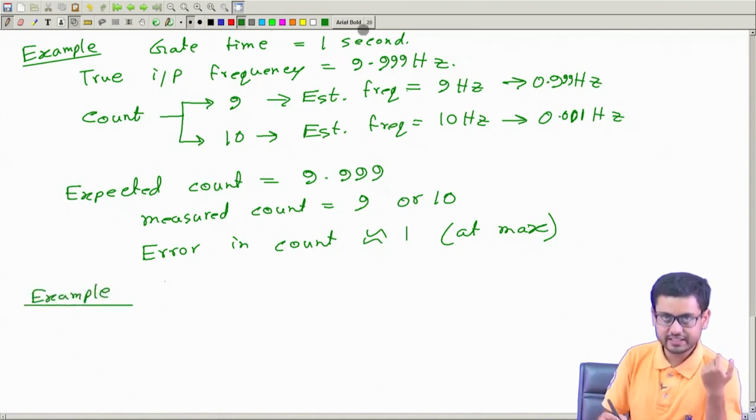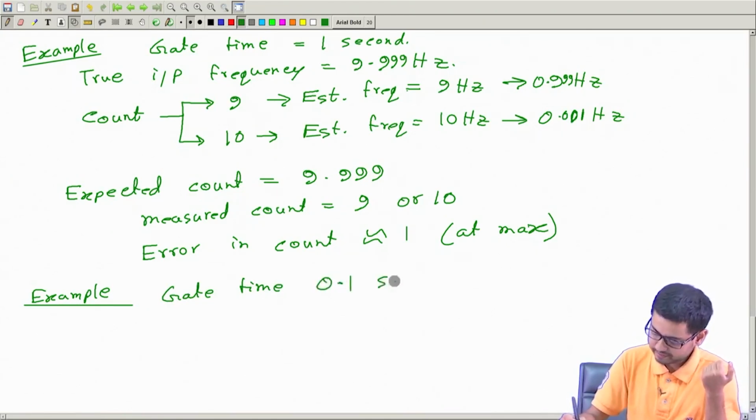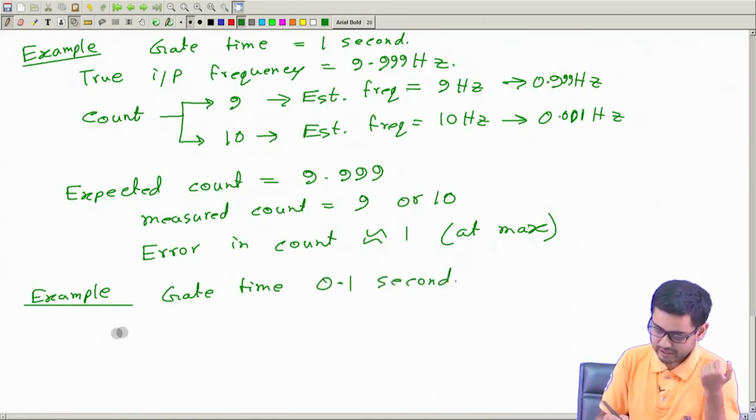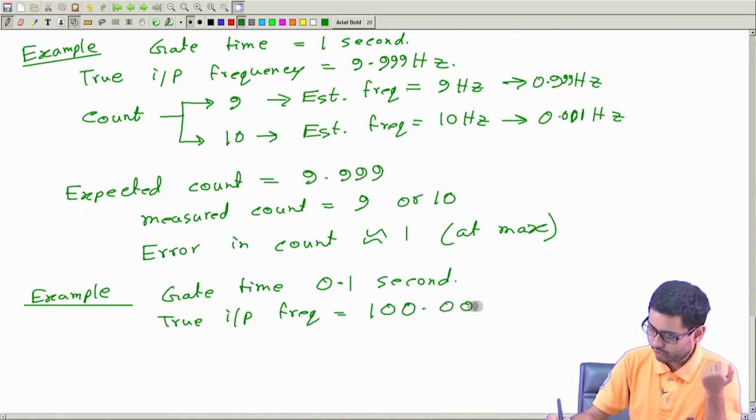Similarly, another example, let me just modify it a bit. Okay. So, gate time say 0.1 second, and say the true input frequency is 100.001 hertz.